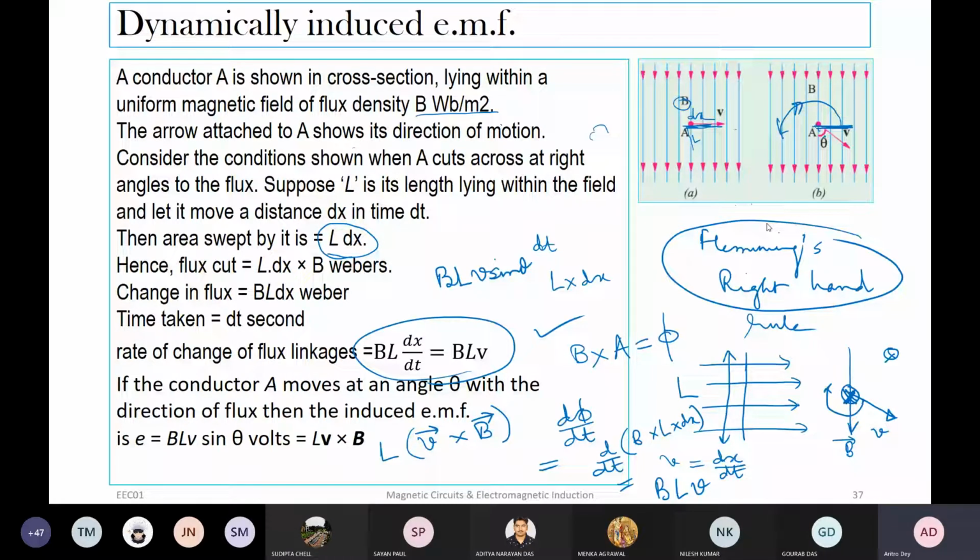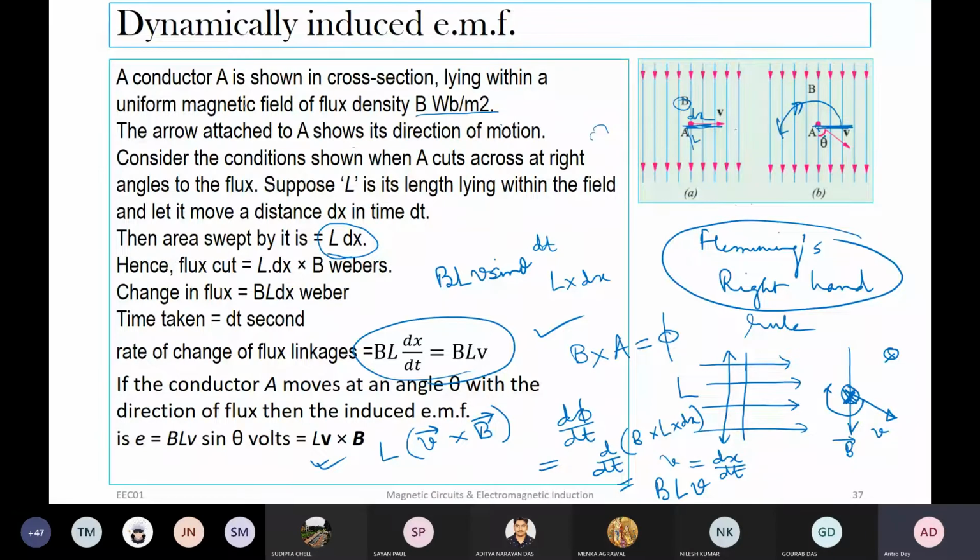If the index finger is indicating field and thumb is your direction of the motion, then your middle finger will show the direction of the current. So if you now try with the right hand rule, that will give you the downward direction of the current, which you can cross check with this cross product. Okay, so this is dynamically induced EMF, and this is also called the generator rule when it is induced dynamically.